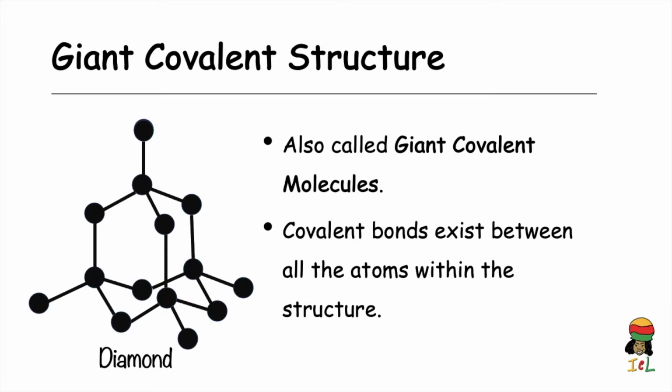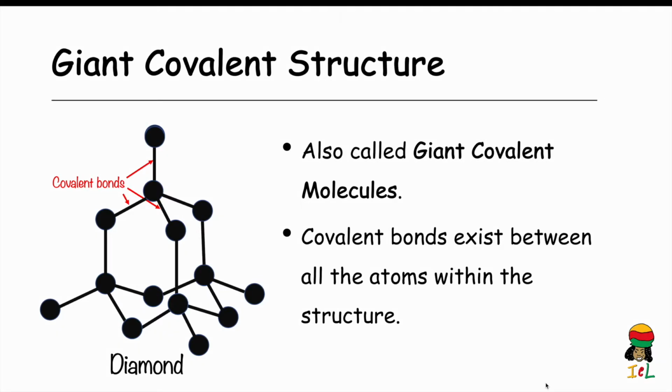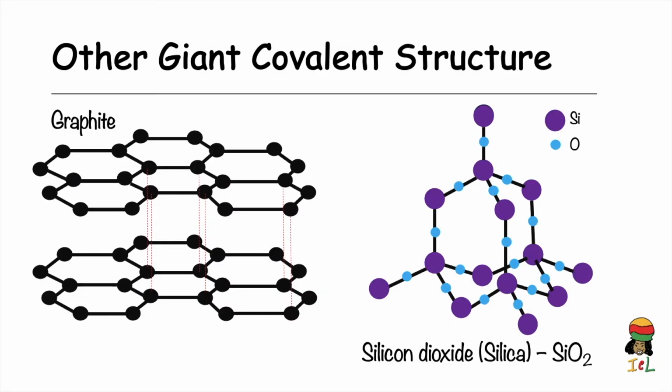Diamond, as we see to the left of our screen, is an example of a giant covalent structure. All the atoms in a giant covalent structure are bonded together by strong covalent bonds. Note that all the atoms within the diamond structure are carbon atoms. Carbon denoted by the symbol C. Other giant covalent structures include graphite, which consists of carbon atoms covalently bonded to each other.